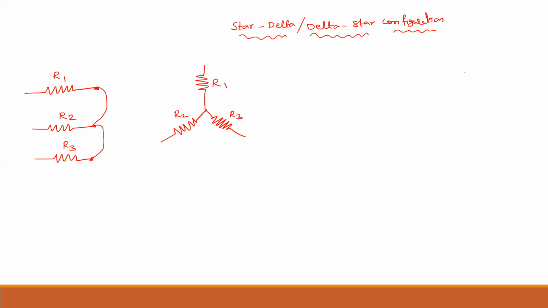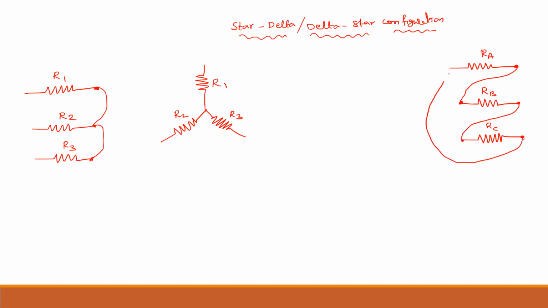Now similarly, if you draw the three resistors, how can we draw the delta configuration? Let us take this as RA, RB, and RC. The secondary is connected to the primary side, and this secondary is connected to the first primary side.